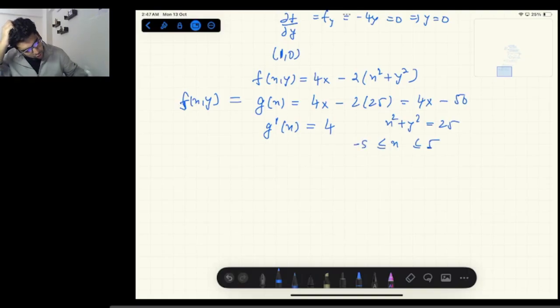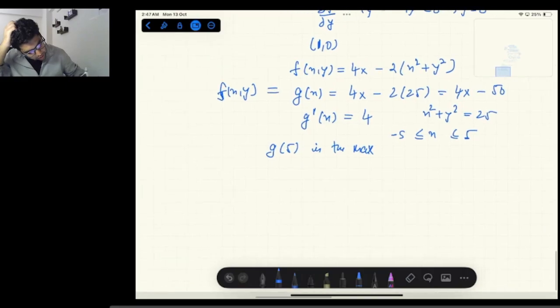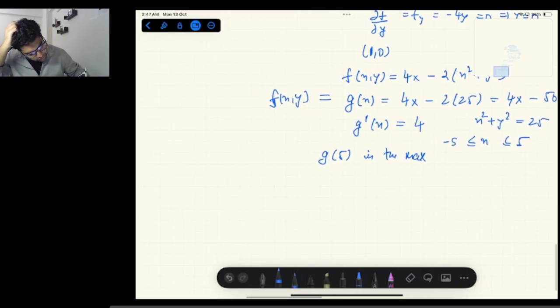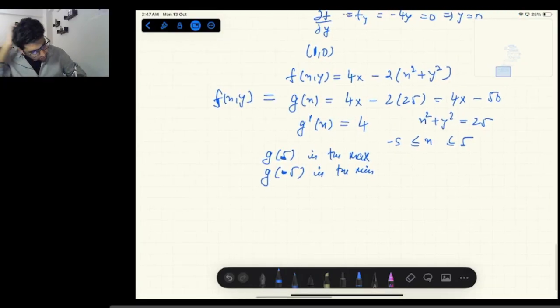So g(5) is the max and g(-5) is the min. When x is 5, y will become 0. When x is -5, y will become 0.